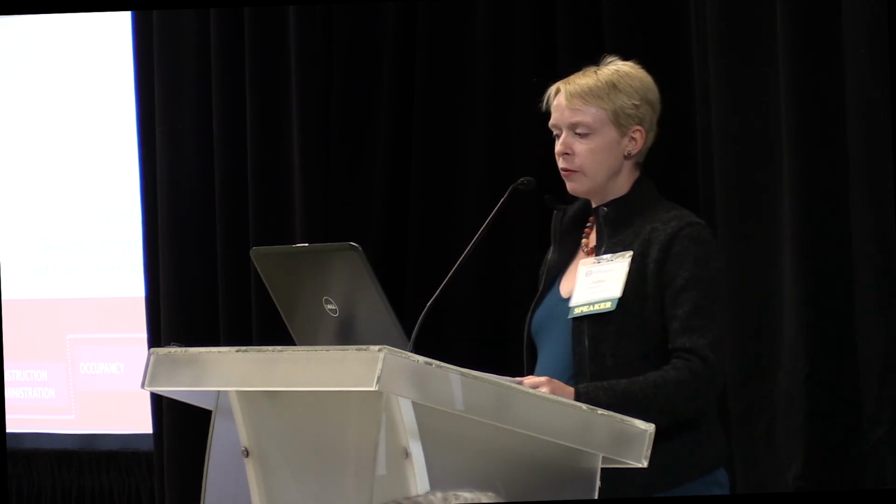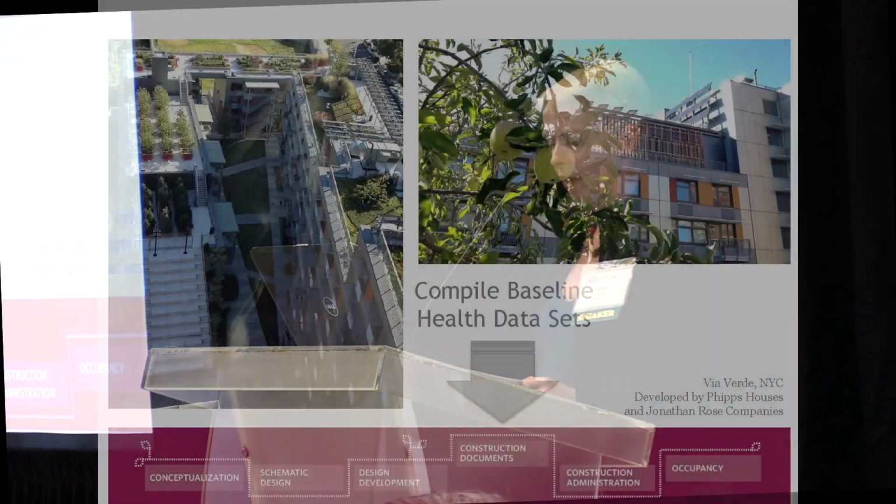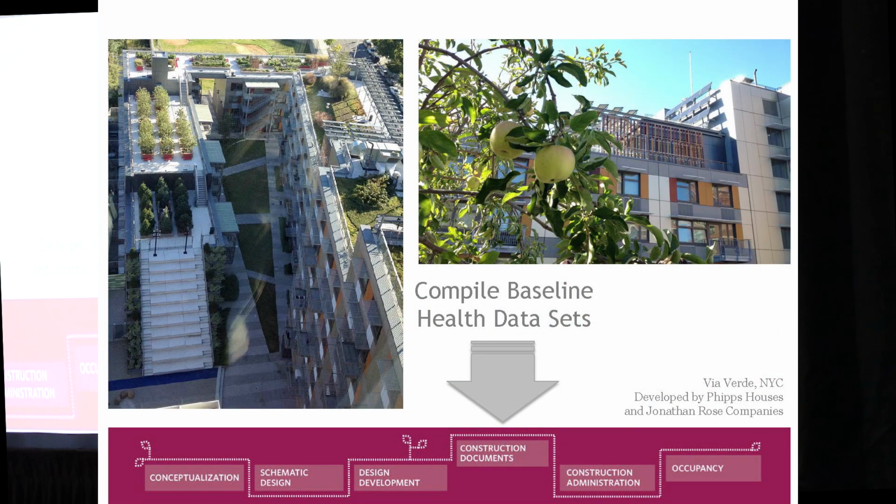These pictures are actually a success. This is Via Verde, a mixed income housing project in New York City. And basically they incorporated into the body of the project a number of strategies to try and encourage people to be more active. You can even see the whole entry to the project, once you're inside the courtyard, you're looking at a big staircase.